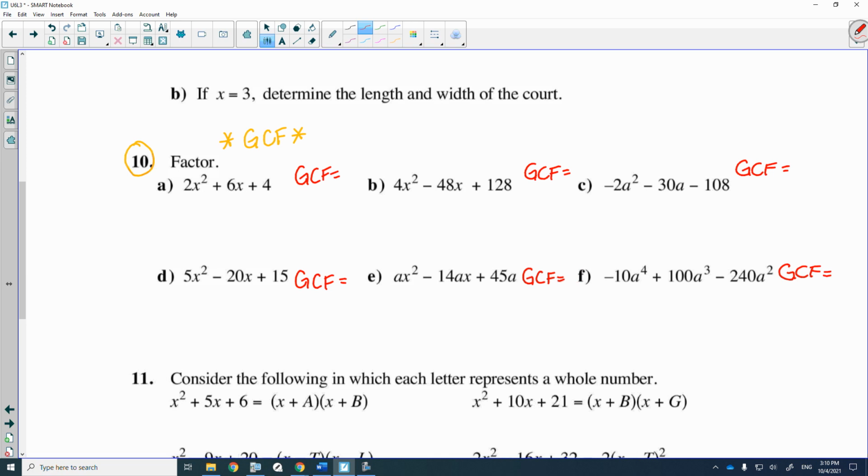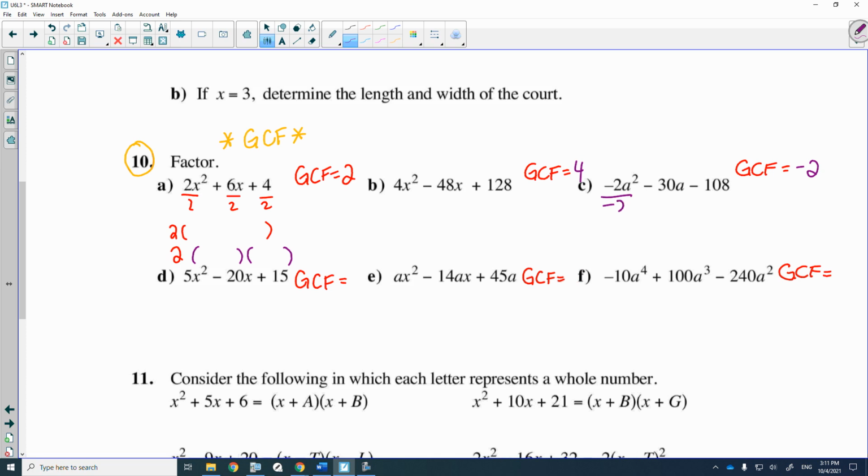So for A, the GCF is simply 2. 2 goes in front of your bracket, your answer goes in the bracket, but then remember, that answer has to further be factored. Okay, B, GCF is 4. Divide each term by 4.